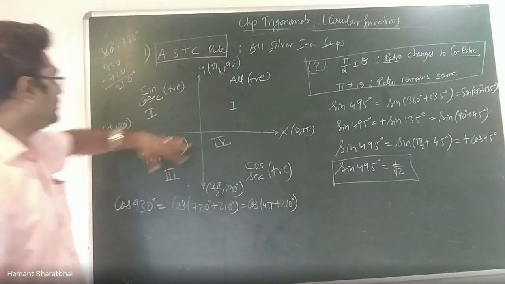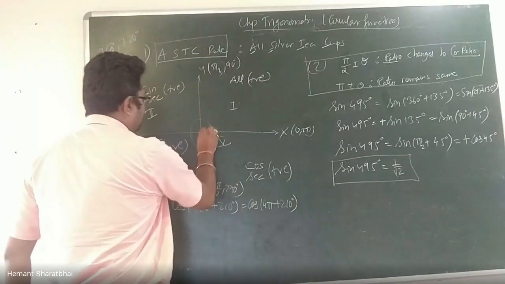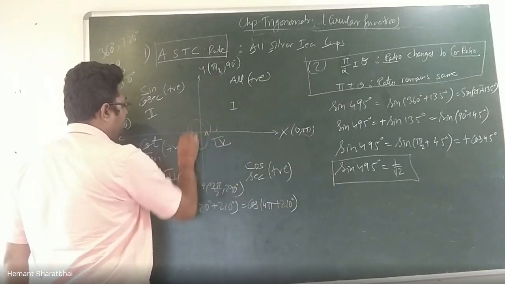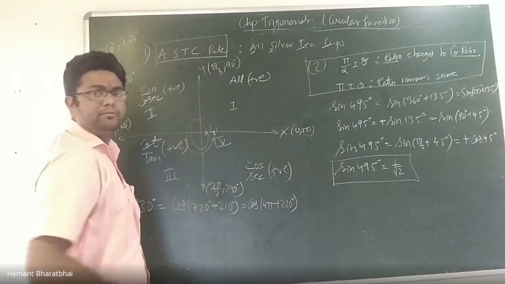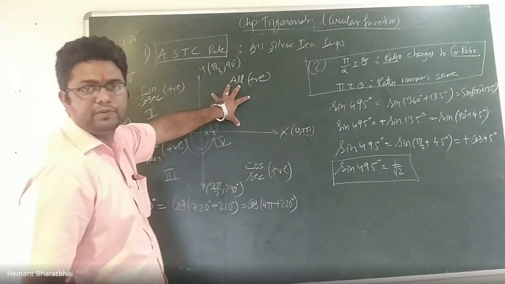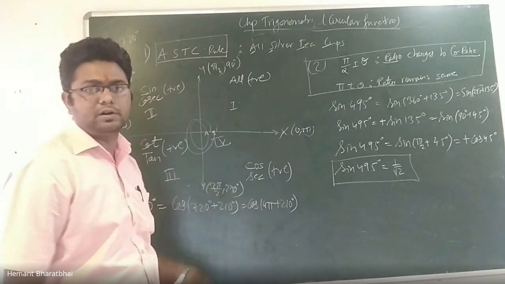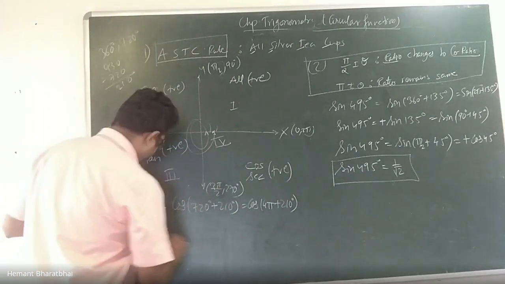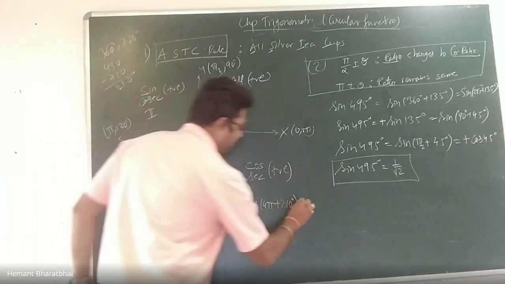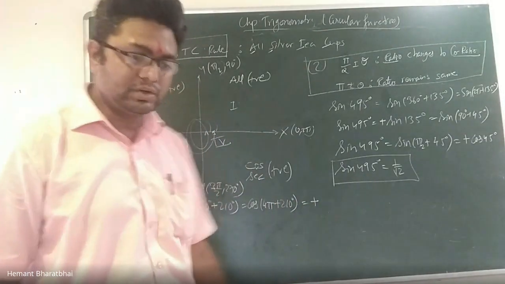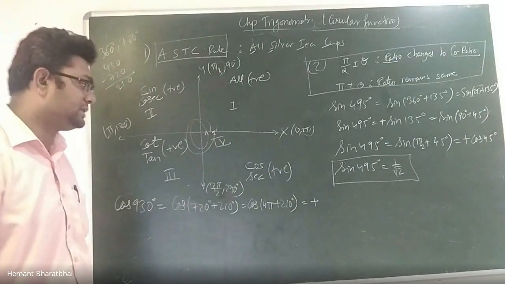So in one rotation I will take 2 pi, then one more rotation, that will become 4 pi. So when I do 4 pi plus something, I'll reach into the first quadrant. And in first quadrant, all the trigonometric ratios are positive. Therefore, I will give positive sign over here.